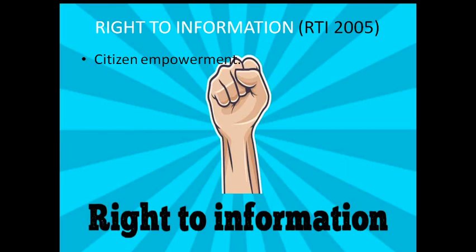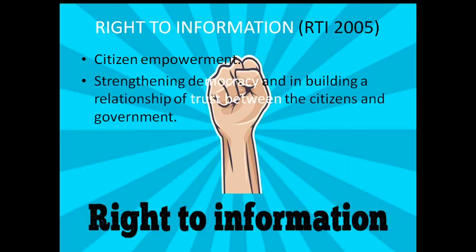The right to information creates opportunities for citizens to participate and interact with the government, and this increased communication between citizens and government helps in strengthening democracy and in building a relationship of trust between the citizens and government.